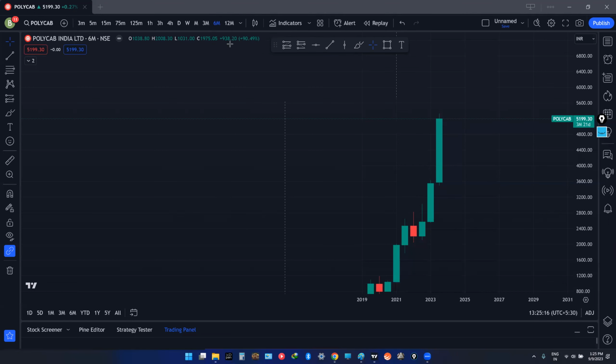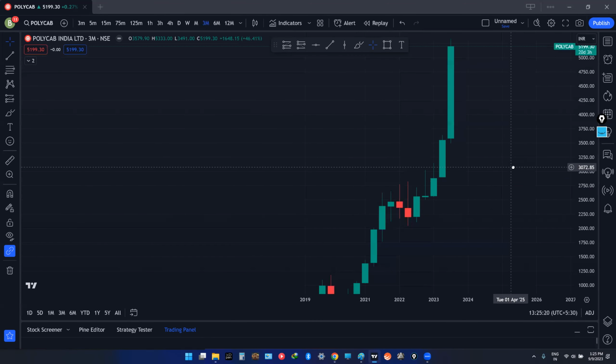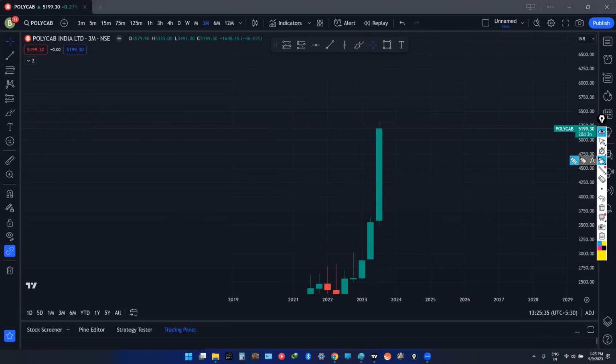So in half yearly, not that much. Yes, if I go to quarterly, then also I cannot see any stop loss there, because this is the first part, second part, third part. Even if I'm aggressive, these will be my stop losses, 2000 or 1750. I cannot keep stop losses below this green candle.